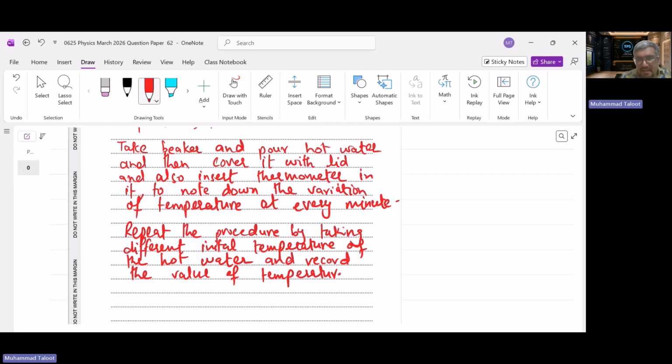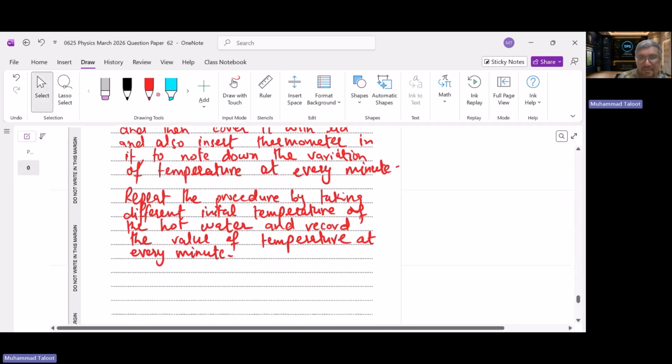By the way, I have said repeat the procedure. Record the value of temperature at every minute. But keep the volume constant here. This thing is very important.